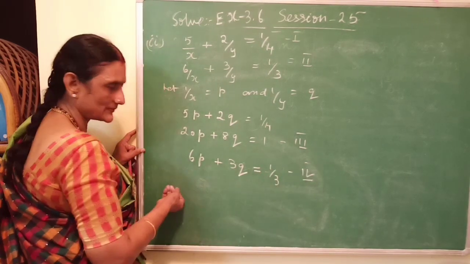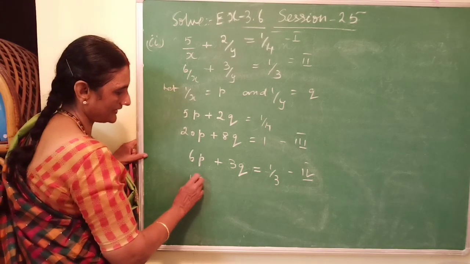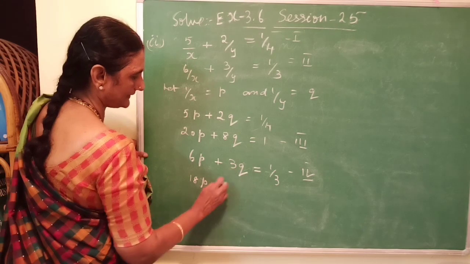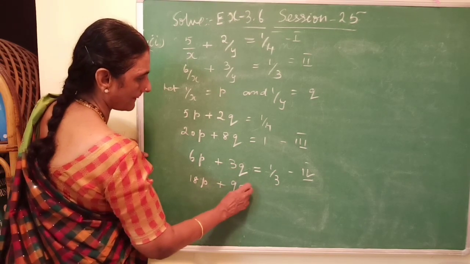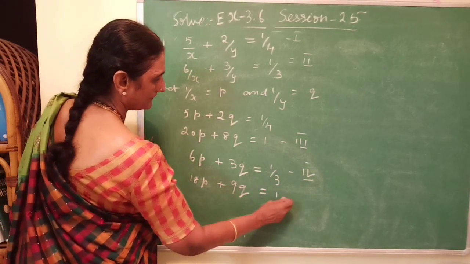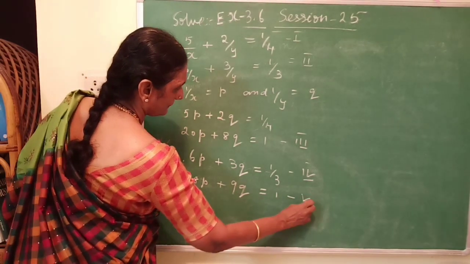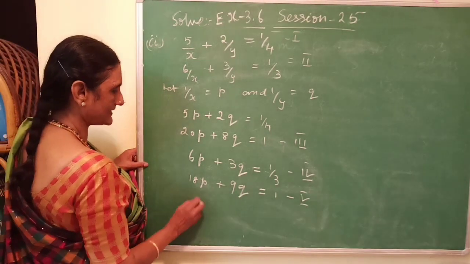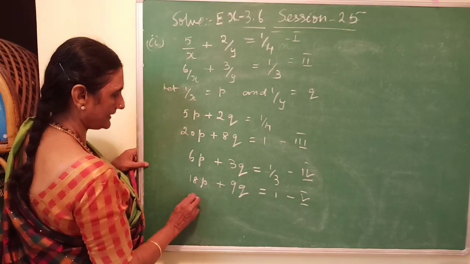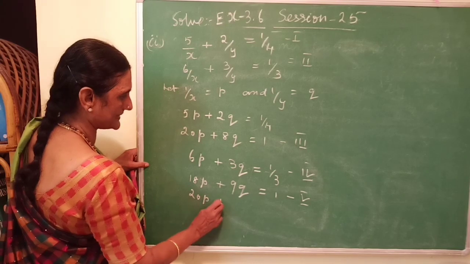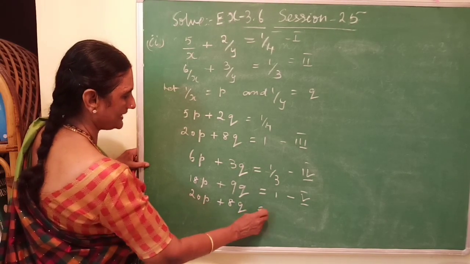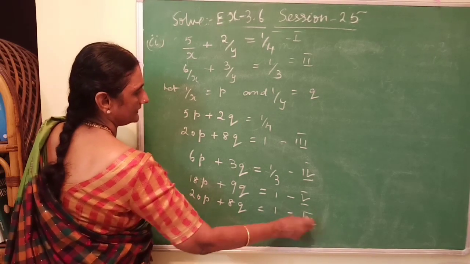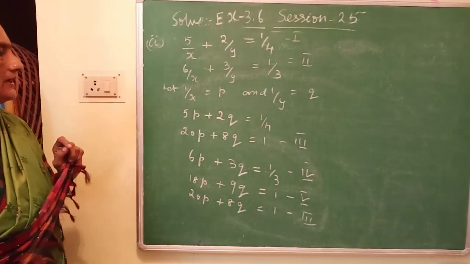I am going to balance with this 3, so I will get 18p plus 3 3s are 9q is equal to 1. This is equation 5. Now how will we proceed further? I am writing it down once again: 20p plus 8q is equal to 1. This is equation 3. We have to solve equations 5 and 3.